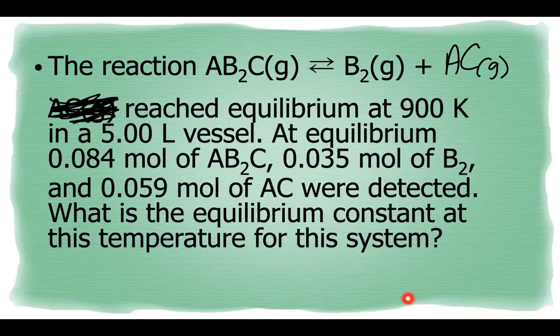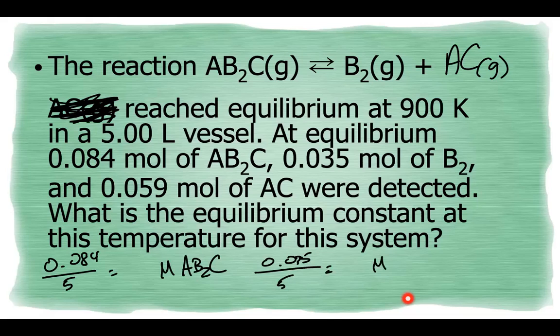So the first thing you want to do is convert all of these to concentration in molarity, moles per liter. So 0.084 over 5 is the molarity for AB2C, 0.035 over 5 liters is the molarity for B2, and 0.059 over 5 is the molarity for AC.